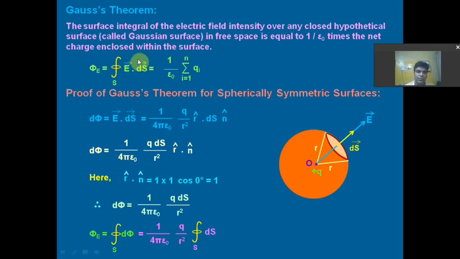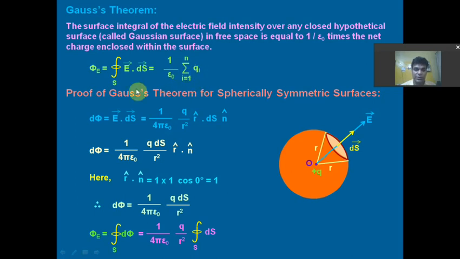So this is the mathematical definition of the Gauss theorem: Phi E is equal to E vector dot ds vector over any closed surface S, which is 1 by epsilon naught times the charge enclosed within the surface.